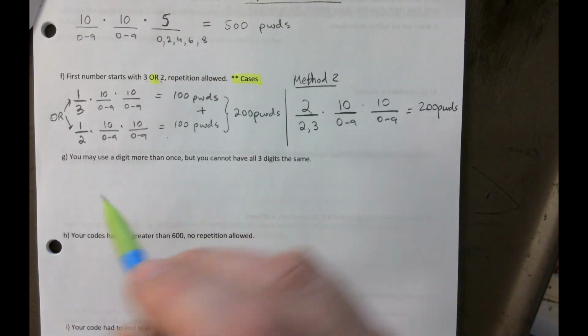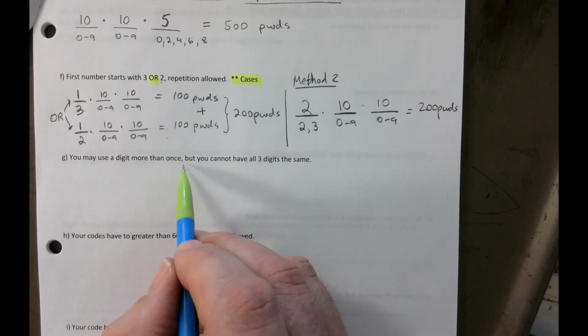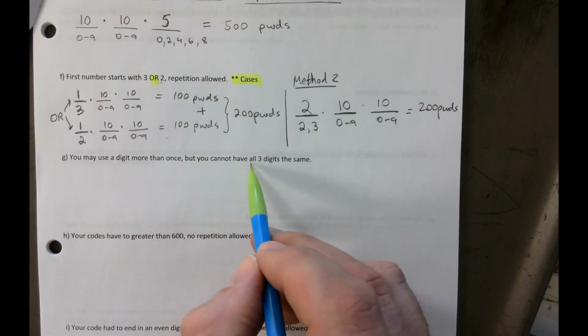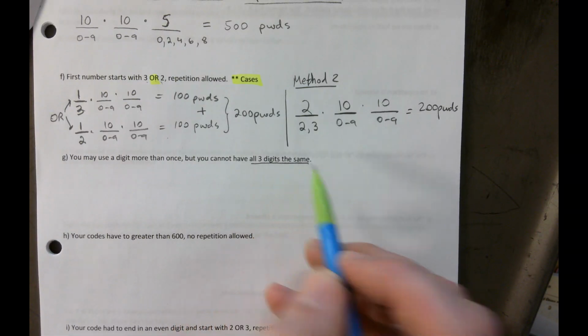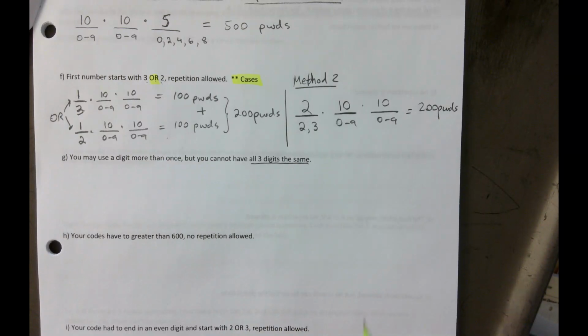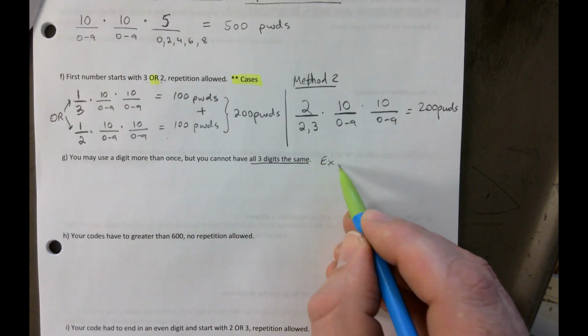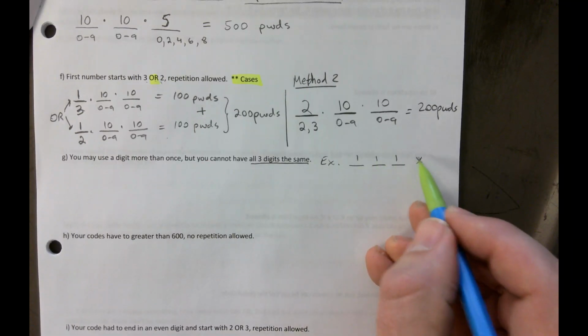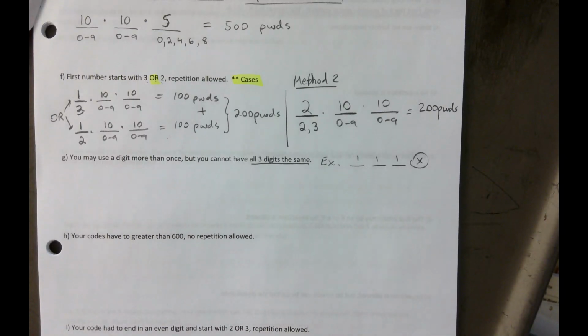You may use a digit more than once, but you cannot have all 3 digits the same. Okay, so you cannot, for example, this is a no-no. You can't have all 3 the same.